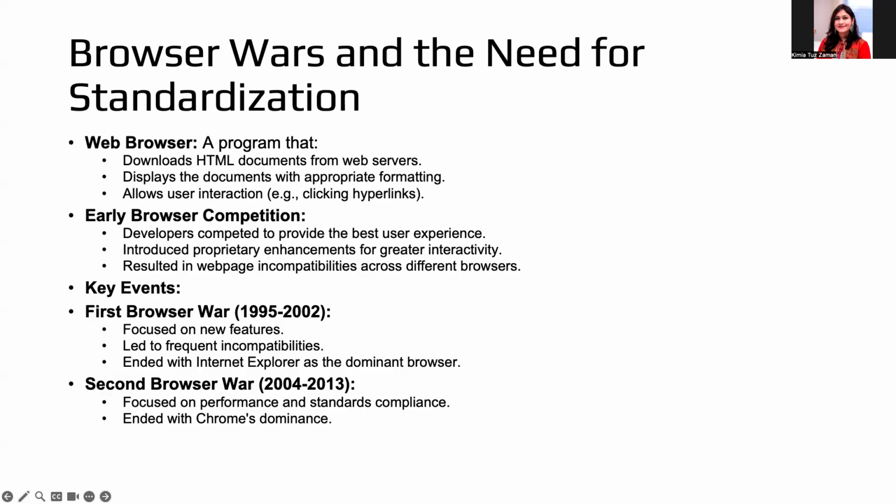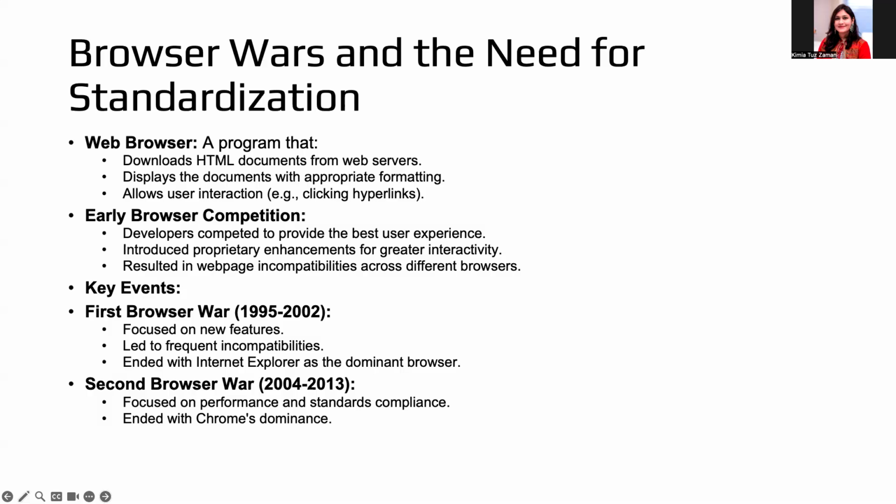In the early days, browser companies competed fiercely by adding their own proprietary features to attract users, but this led to a big problem: web page incompatibilities. A site might work perfectly on one browser but break on another, creating frustration for developers and users alike.